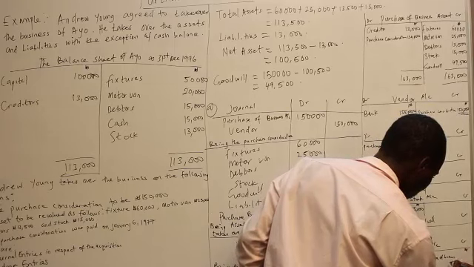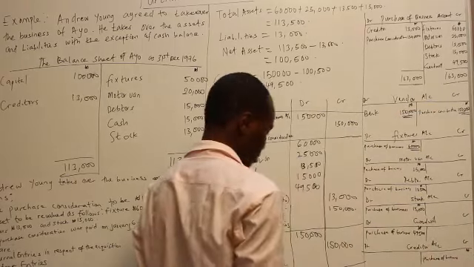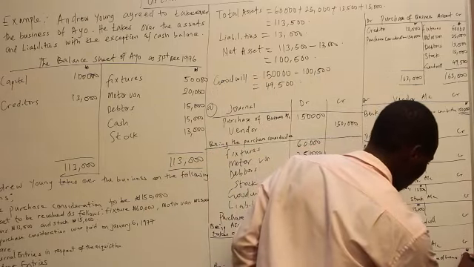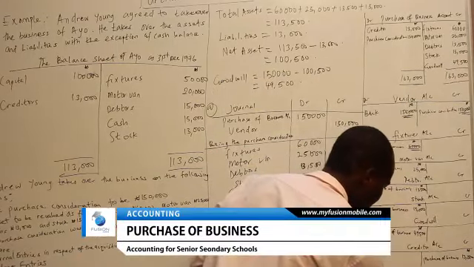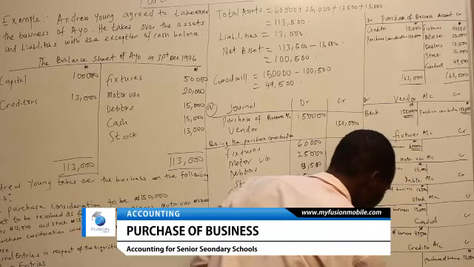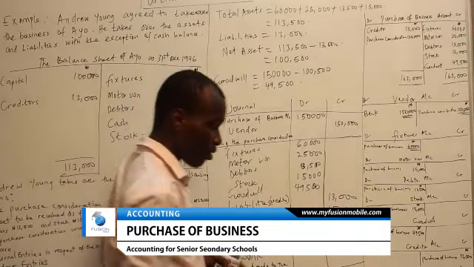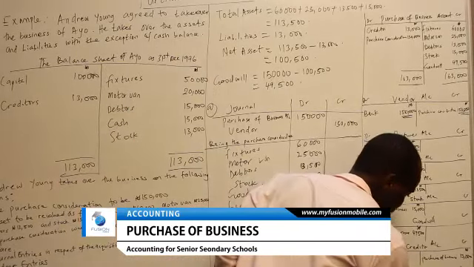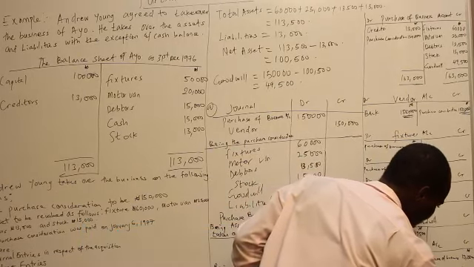So we have 13,000 naira. Next thing is the bank account, the bank account of the purchaser. So credit bank account with the amount of the vendor, 150,000 naira.